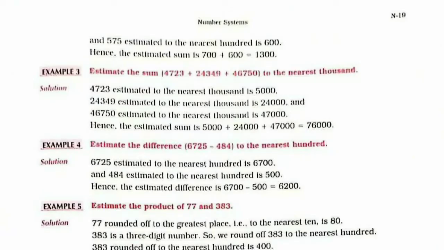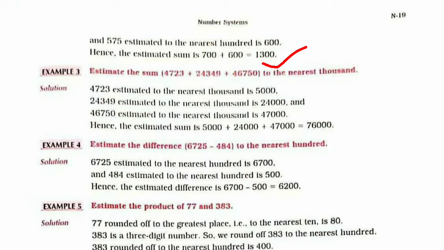Now 575 estimated to the nearest 100 is 600. This is the second number. Hence the estimated sum is, we will write both the numbers in rounded form and then we will find out the sum, which is equals to 1300.